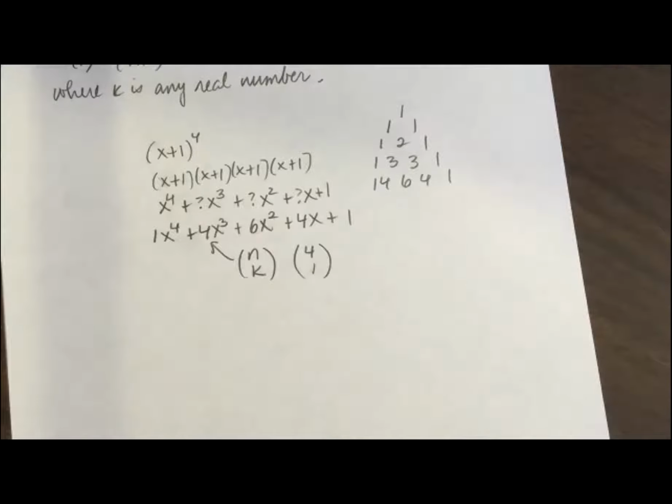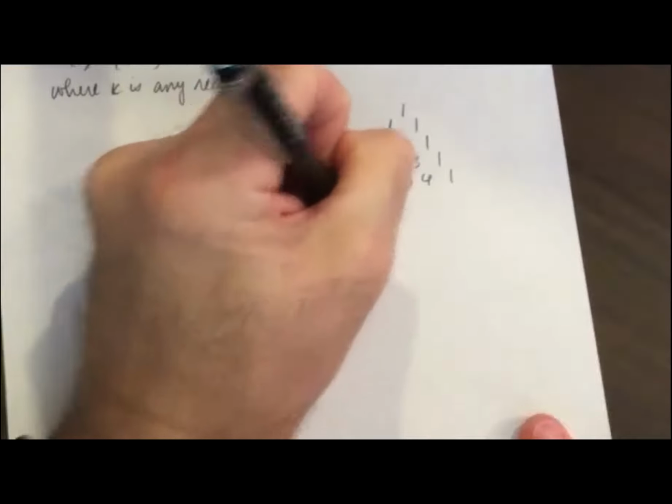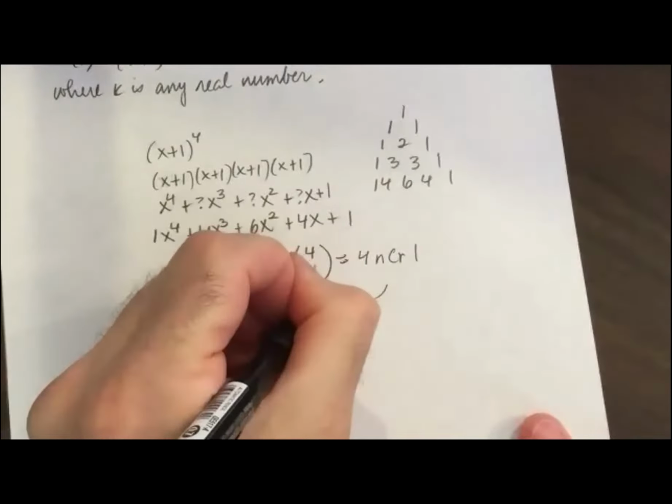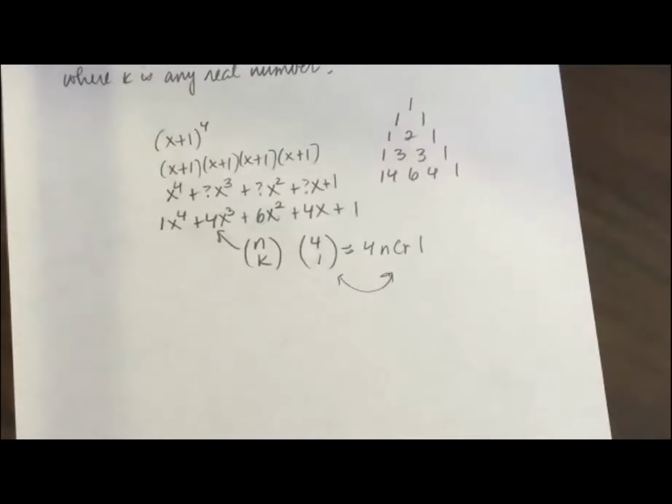I would say maybe a statistics class is the next time it's going to come up, like a beginning statistics class or something in probability. I've seen the notation nCr where you say, hey, 4 choose 1. Same, these are the same. Okay, so that's the same notation.